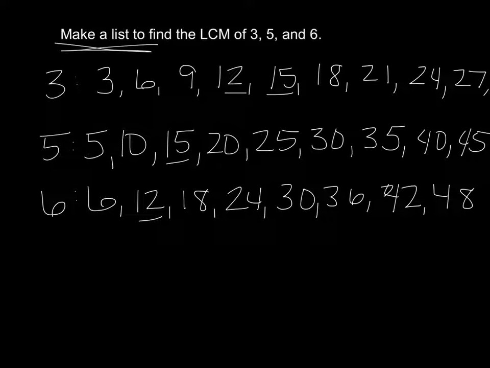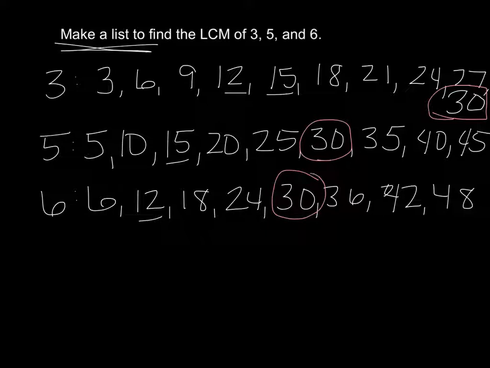I'm going to have to go one more on my 3s, because I know the next 3 would be 30, and we have a 30, 30, 30. So it has to be one that they all have in common with each other, and that number would be 30. So in this case, the least common multiple of 3, 5, and 6 is 30.